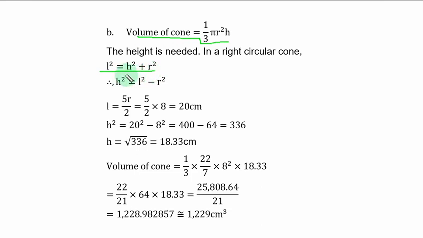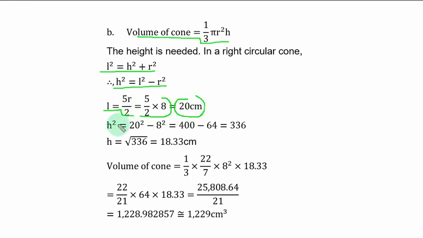So if you make height the subject, you have it in this form. Already we know r, so now let's get L. L is expressed as 5r over 2. That is 5 over 2 times r, which is 8, and that is 20 cm.